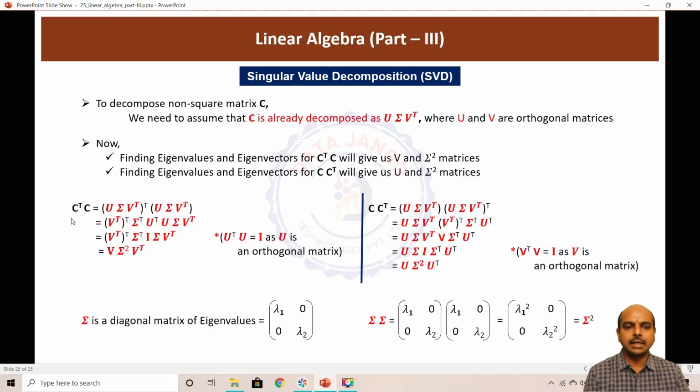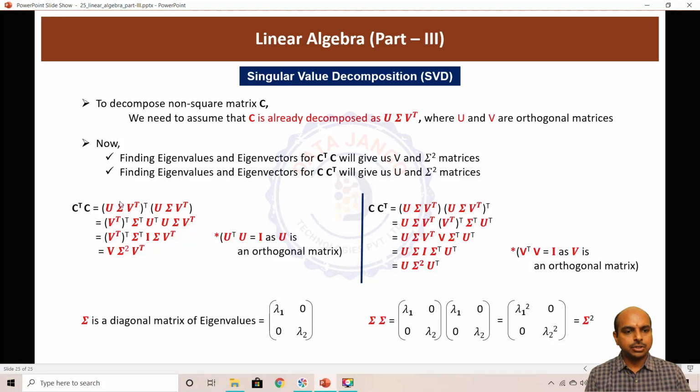So when you calculate C transpose C, what happens? C is already a decomposed matrix, U sigma V transpose. You substitute C here, the whole transpose, and C. We supposed that it is already decomposed. AB transpose is equal to B transpose A transpose, that's a matrix property.